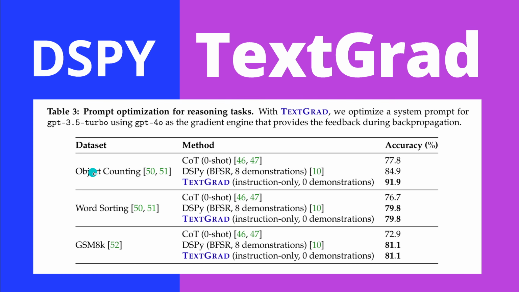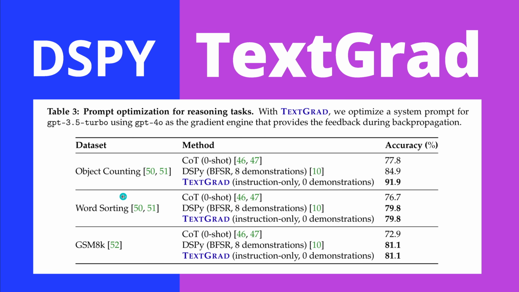Beautiful. Let's start with object counting. So if we have a chain of thought, 0 shot, we get an accuracy of 77.8. With DSPy, please notice, we have 8 demonstrations, we get 84. And with TextGrad, with 0 demonstrations, we get close to 92%.